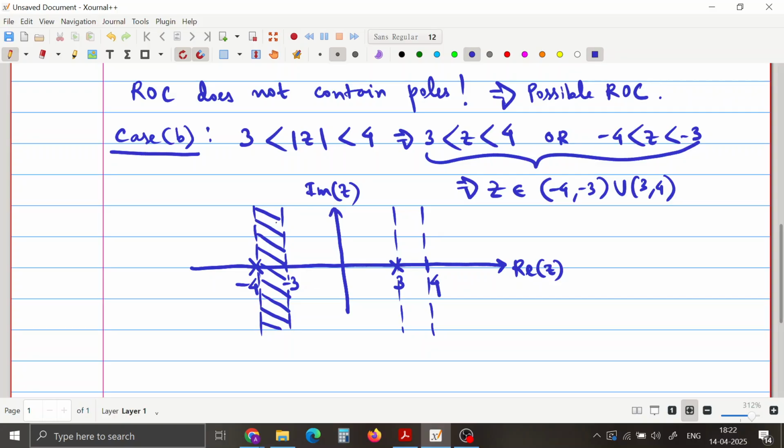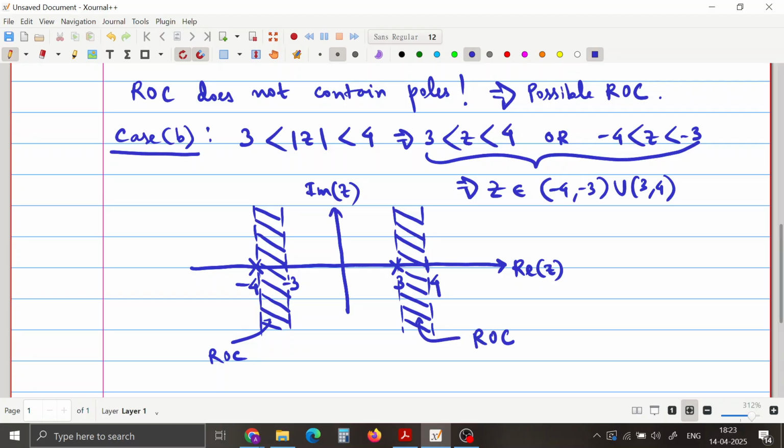So this is the portion of the ROC on the negative side, and similarly on the positive side we have this shaded region like this. So this is my ROC and this is also my ROC.